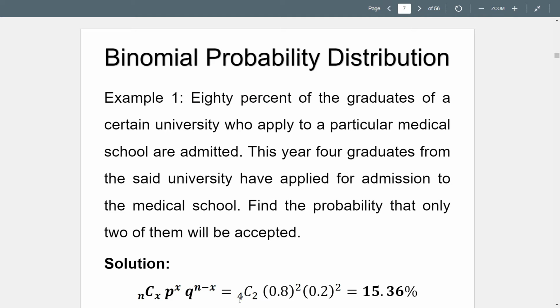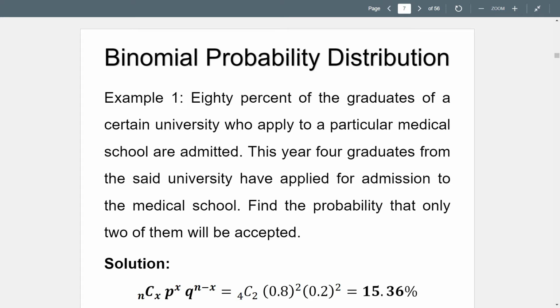Substituting those values, we have 4 as n, 2 for x, and the probability of success is 80%, equivalent to 0.8, with x equal to 2. Then q is 1 minus 0.8, which gives us 0.2, and n minus x is 4 minus 2, which gives us 2. Using your calculator, you'll have an answer of 15.36%. So that's the probability that two of them will be accepted.